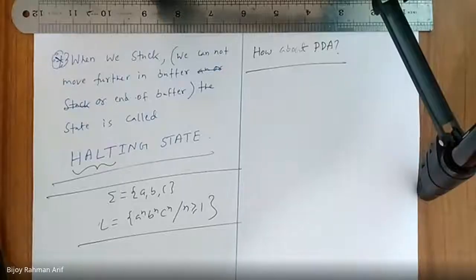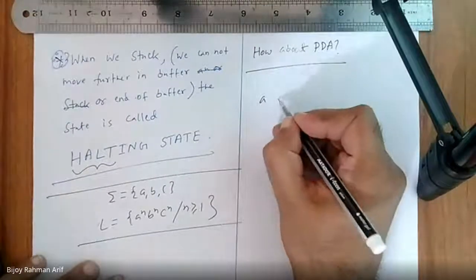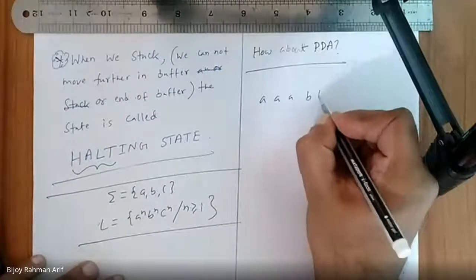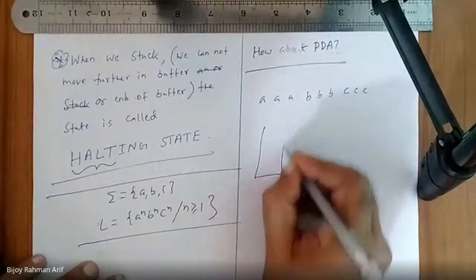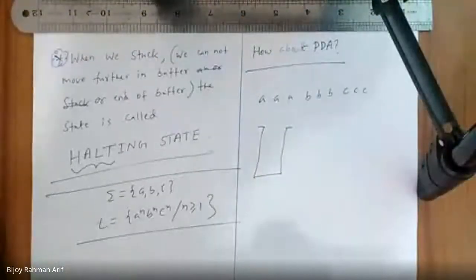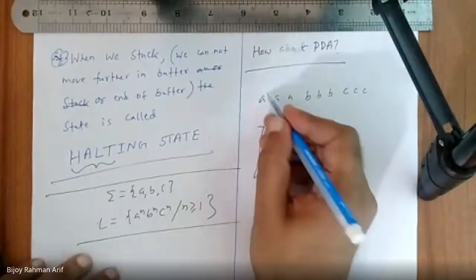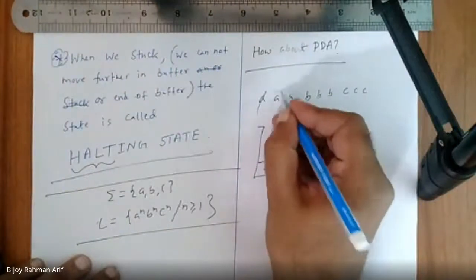So what's wrong with this? I know there are three variables. Let's try: A, A, A, B, B, B, C, C, C. Initially my stack is empty. I get A, push. A, push.